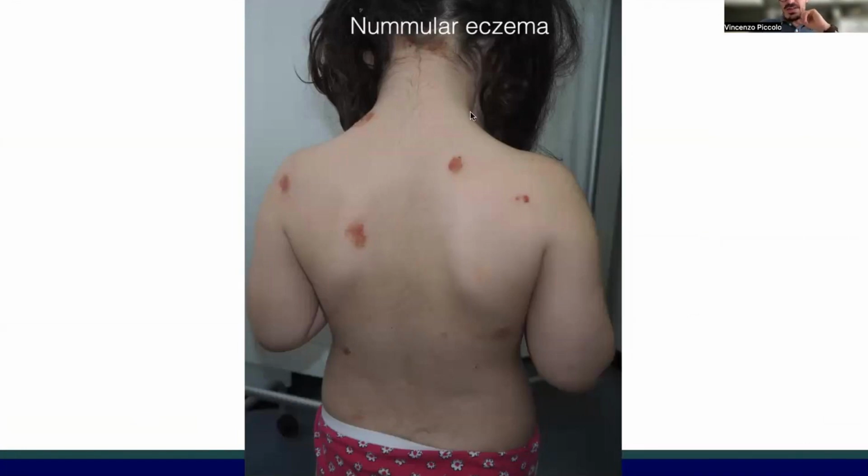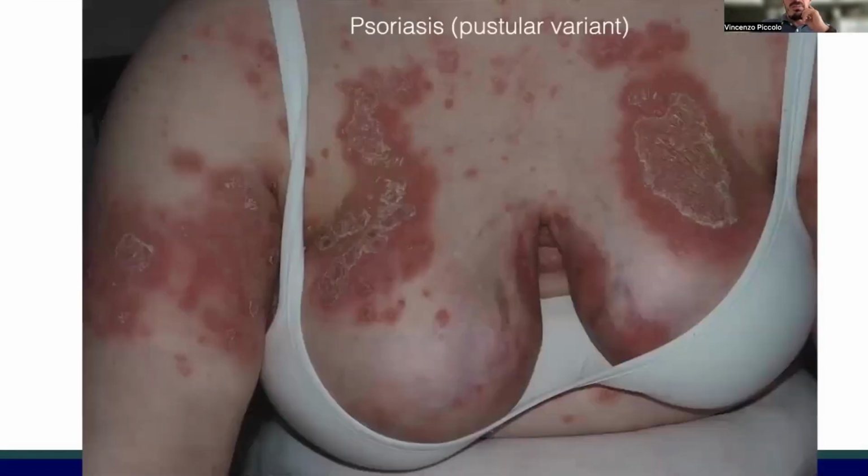Oral corticosteroids, and nowadays monoclonal antibodies like dupilumab, are very effective for this itchy condition that belongs, in my view, to the large group of atopic dermatitis.